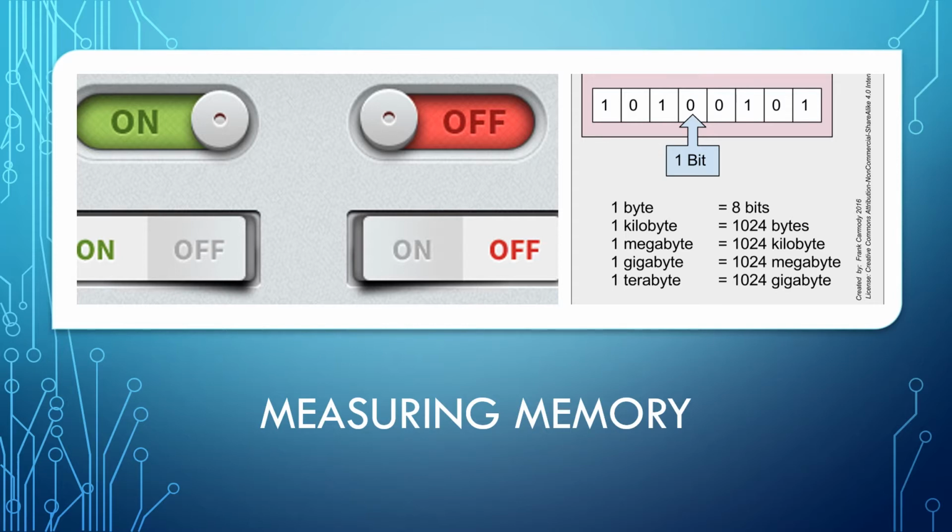Like 1 byte is equal to 8 bits. 1 kilobyte is equal to 1024 bytes. 1 megabyte is equal to 1024 kilobytes. 1 gigabyte is equal to 1024 megabytes. 1 terabyte is equal to 1024 gigabytes. In this way, we have terabyte, petabyte, exabyte, zettabyte and yottabyte.